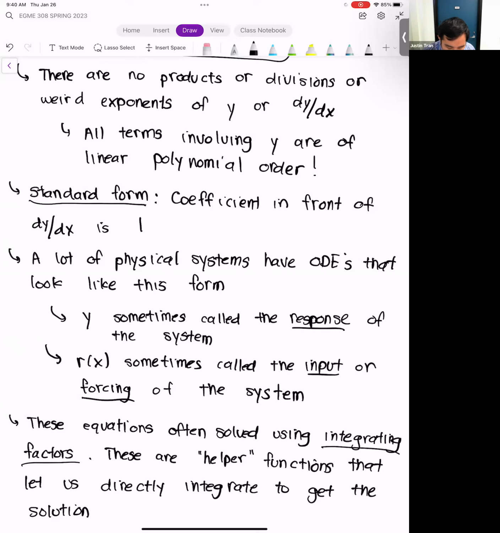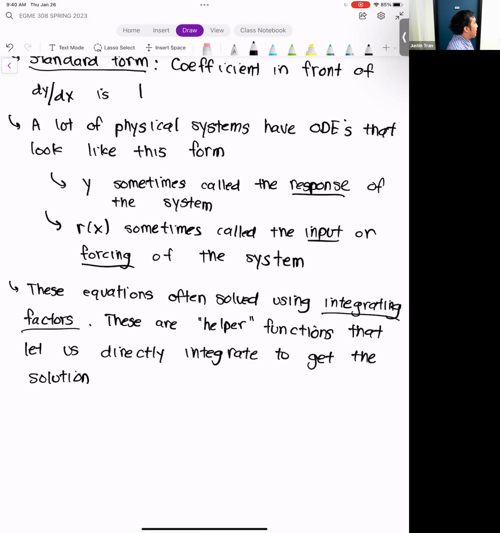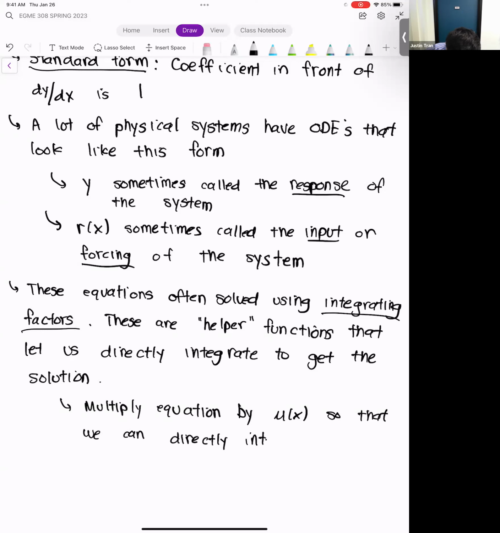So what we determine is that if we can manipulate this equation and multiply it by an integrating factor, we can get it into a form where we can directly integrate. So this mu of x here is our integrating factor.